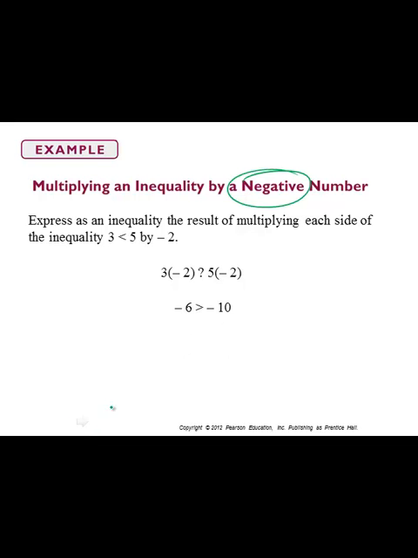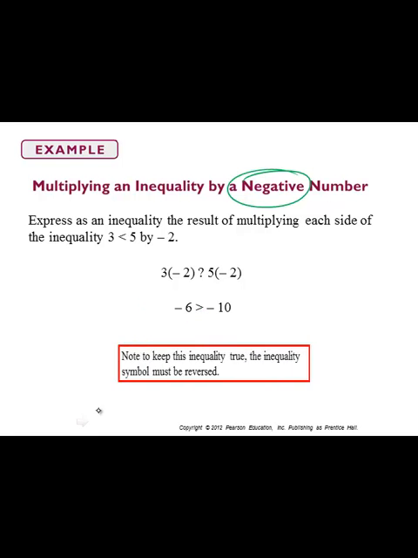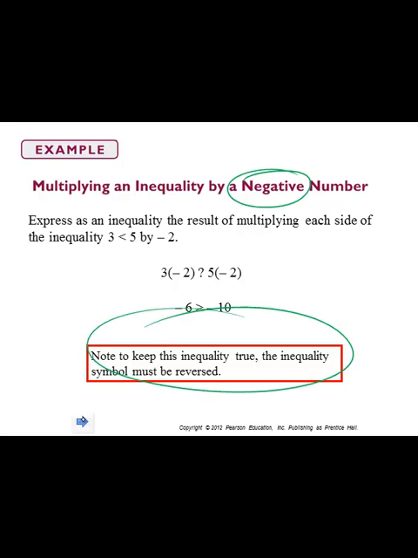All right? Because we will end up with negative 6 and negative 10. What's the relationship between those two numbers? We know that negative 6 is greater than negative 10. Whereas the original inequality was that 3 is less than 5. So when you multiply or divide by a negative number, that switches the direction of the inequality symbol. Okay? Always remember that, folks.